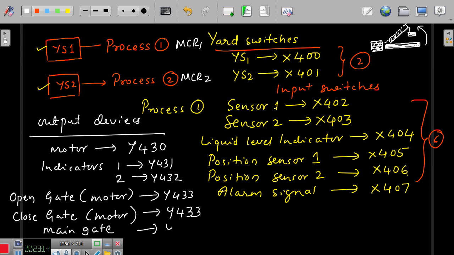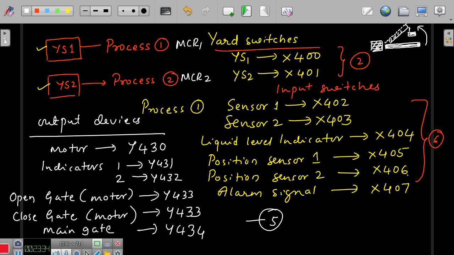Let me call this Y434. So I have got 1, 2, 3, 4, 5 output devices, and of course 8 input devices are required for me to draw the ladder diagram here.